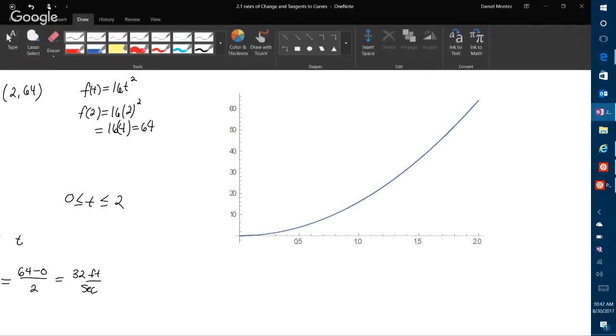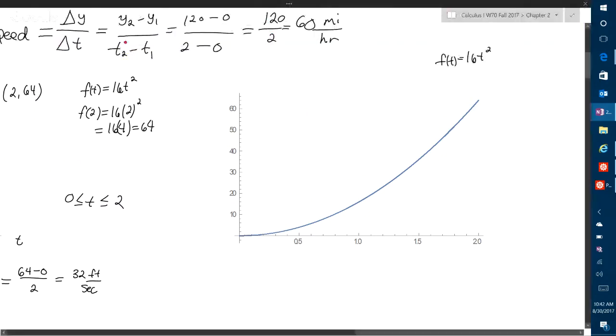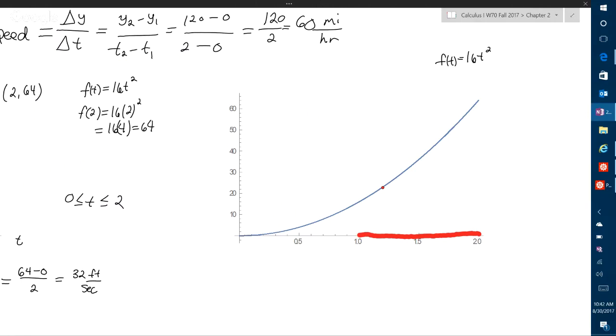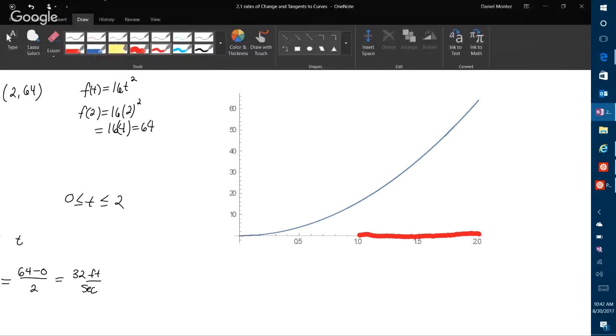Now for this problem, they were asking over the interval from 1 second to 2 seconds. So that's this interval here. Right? Just looking at it, it really helps to have the graph. We're not always going to have the graph, but in this case, we do, and you can just eyeball the interval. What is the length of this interval? 1 unit. Now we do need the coordinates here.